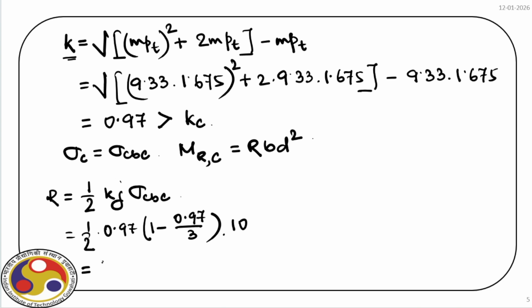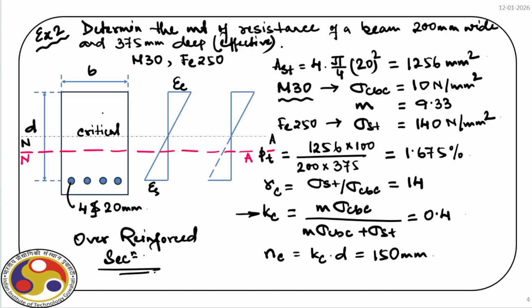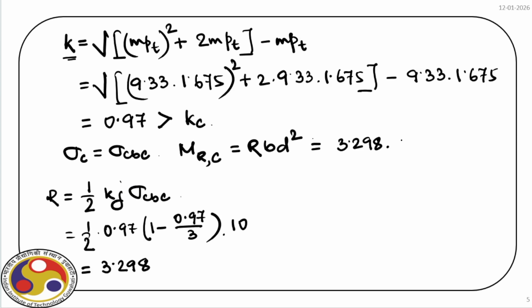So we have R is equal to 3.298. So now we can find out moment of resistance of the section, and that is 3.298 times the width of the section. B is equal to 200 millimeter and small d, that is the effective depth, is 375 millimeter. So 200 times 375 square.